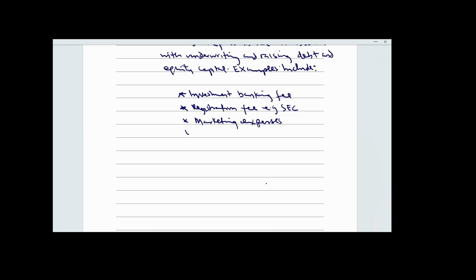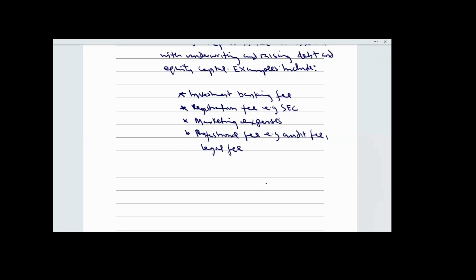Okay. Not only that, there is also what we call professional fee. Okay, professional fee, e.g. the audit fee. Not only audit fee, you also pay legal fee. All right. So before the company goes public, when you are raising the capital, your financial statement will need to be audited.